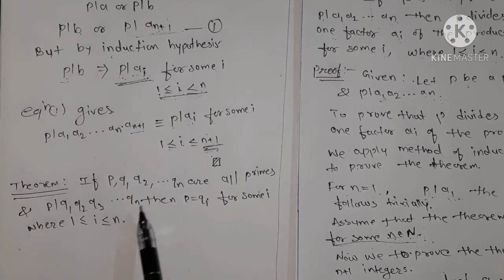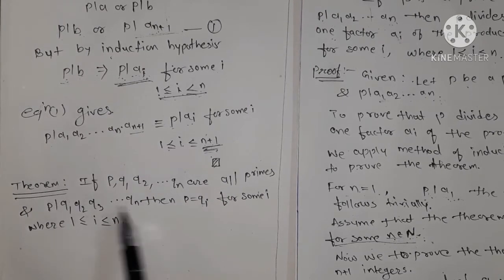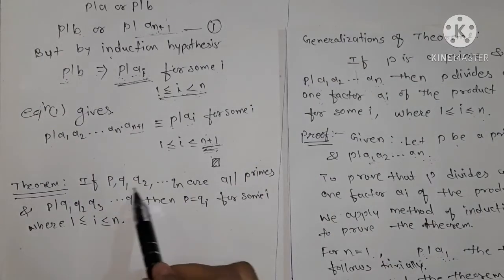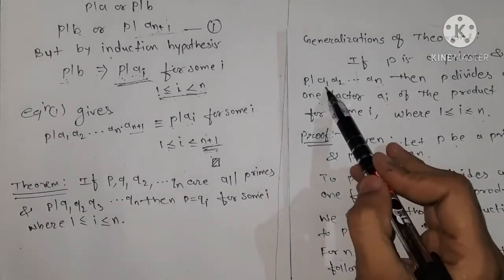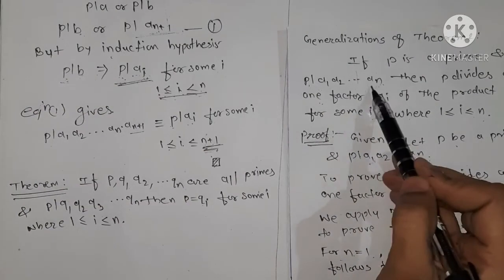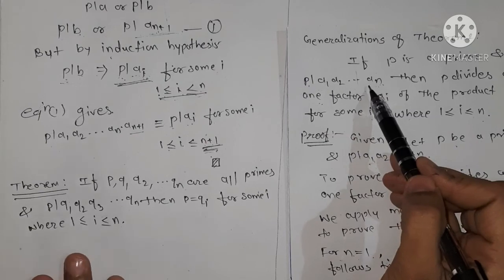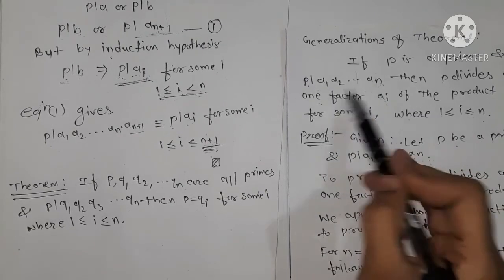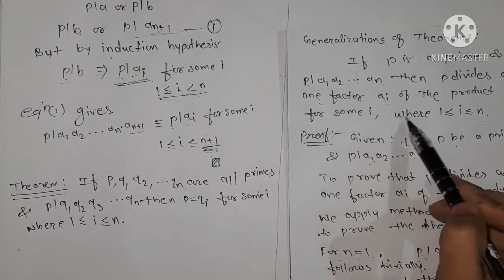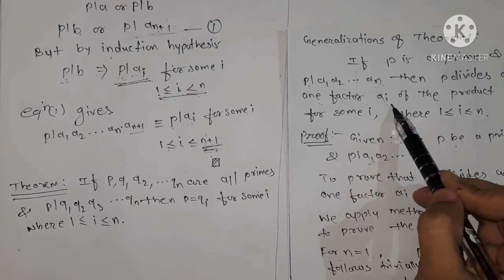What we have to prove here is that if p is dividing the product, then p is equal to some qi. This is the same as the earlier theorem, only the condition is that here q1, q2 up to qn are primes, and there a1, a2 up to an are integers. So we use that theorem: if p divides the product, then p divides at least one of the factors ai.